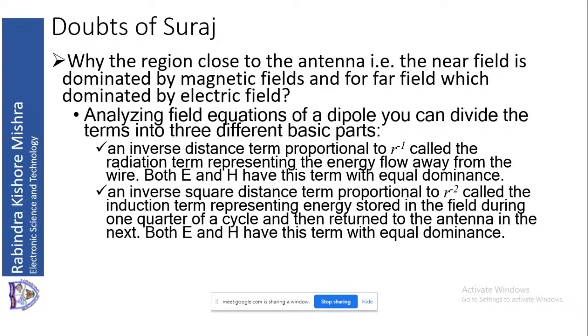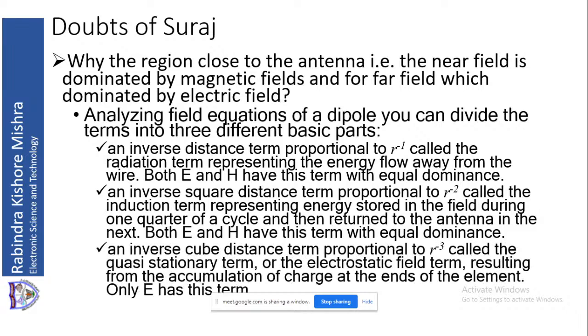Since it is capacitive and inductive by equal amount, the dominance is equal in the near field. Then comes the last term, the variation of the field proportional to 1 upon r cube, the distance cube.